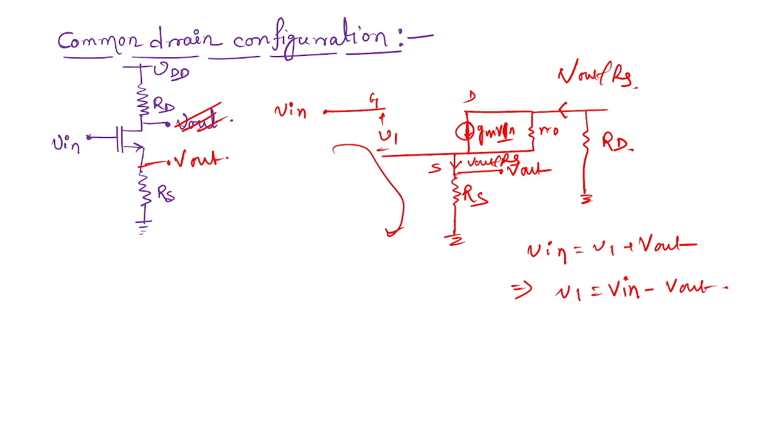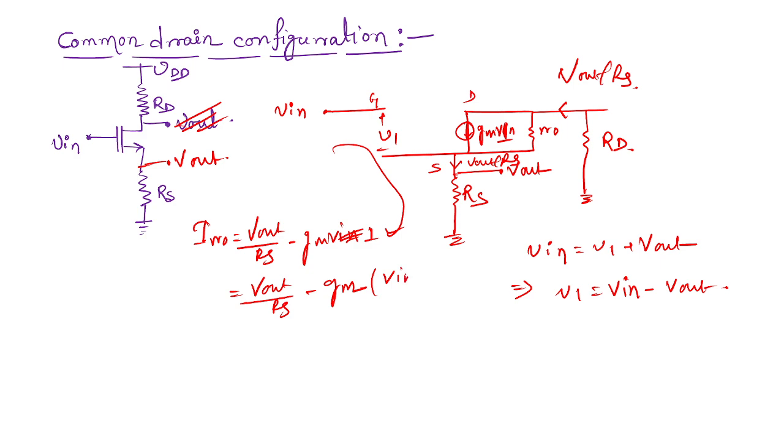Okay, so the current flowing through R naught, which is I R naught, is V out by RS minus GM V1, sorry, instead of V in it will be V1. So GM times V in minus V out.